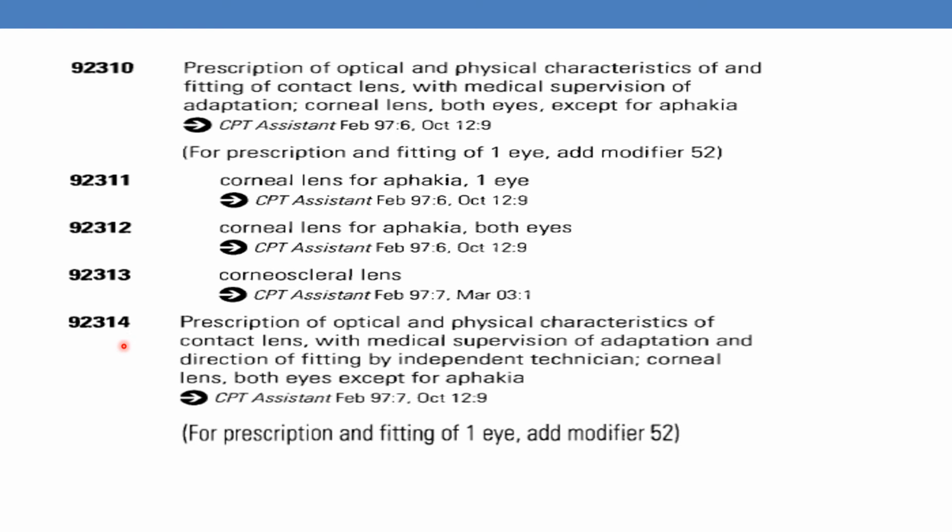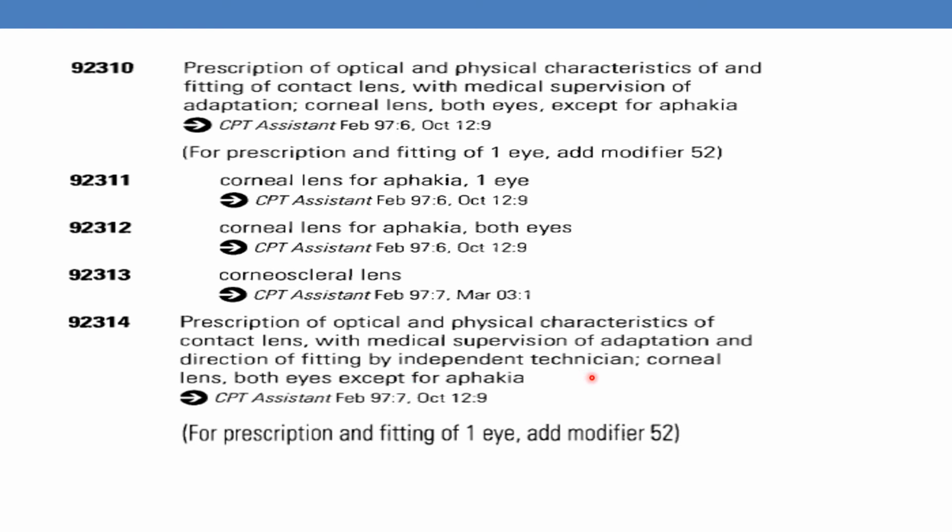Next, coming to 92314, it includes prescription of optical and physical characteristics of contact lens, with the medical supervision of adaptation and direction of fitting by independent technician, corneal lens, both eyes except for aphakia.